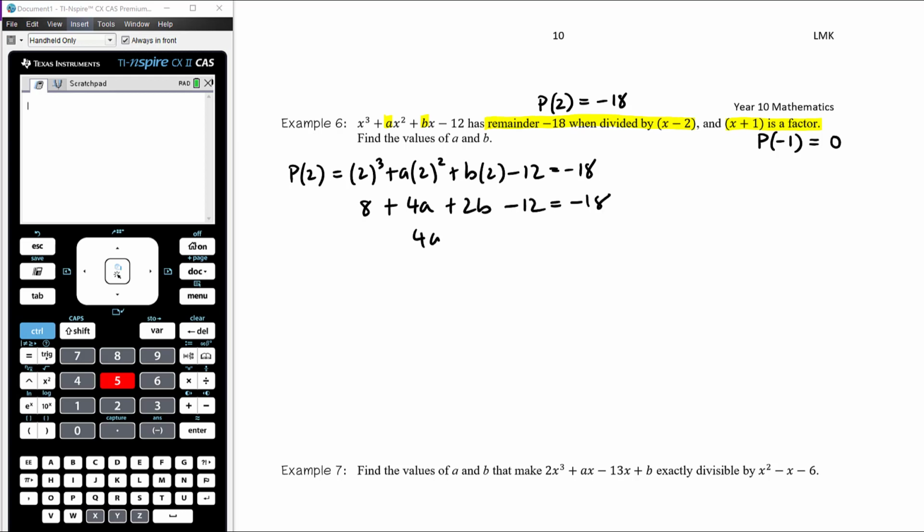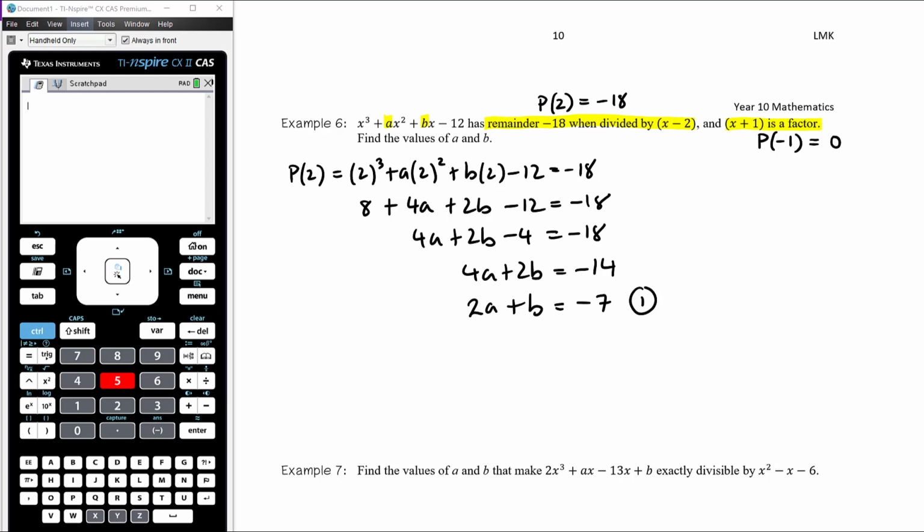Okay, so that is 4a plus 2b. 8 minus 12 is negative 4. So it's 4a plus 2b equals negative 14, adding 4 to both sides there. And then everything's even here, so let's divide by 2 while we're at it. Okay, so 2a plus b is equal to negative 7. There's an equation.